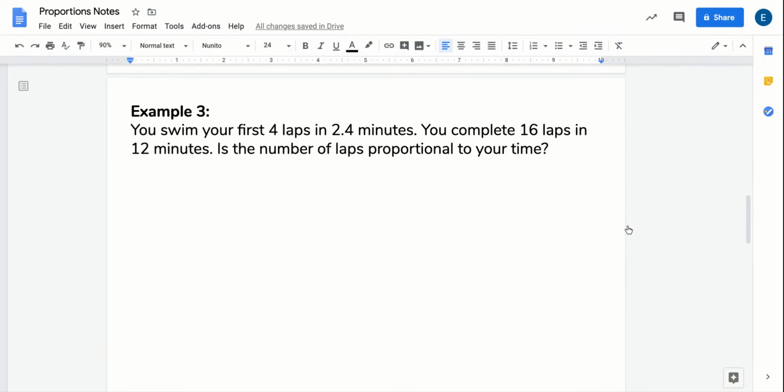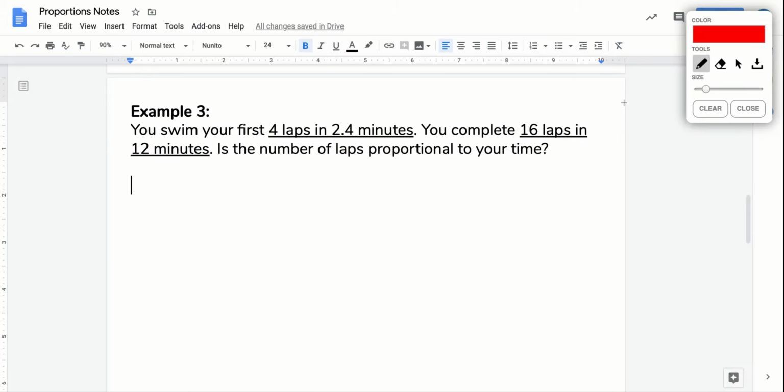Instead of just getting the numbers, we have to set up our own proportions, which is fine. So you swim your first 4 laps in 2.4 minutes. I'm going to underline that. And you complete 16 laps in 12 minutes. Underline that. Okay, so I'm going to set this up. I'm going to make sure that I have some labels.